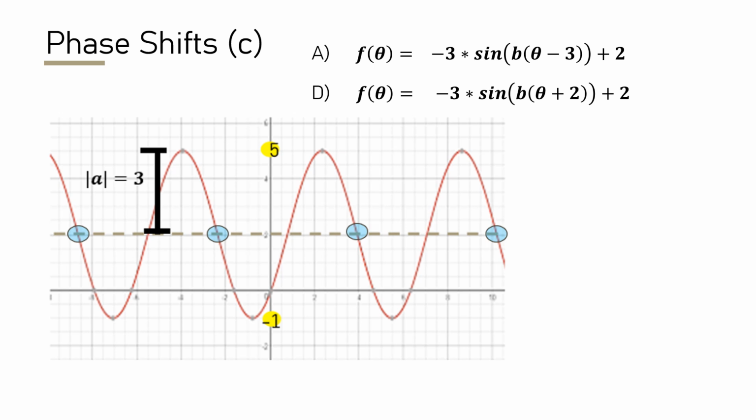So we're looking at our phase shift here. For example, choice A, phase is shifted 3 to the right, and that would be here. So that would not be a proper answer. And this one, it's shifted 2 to the left. Boom.